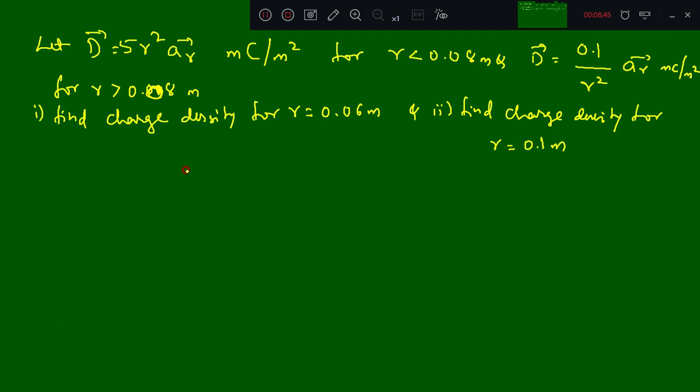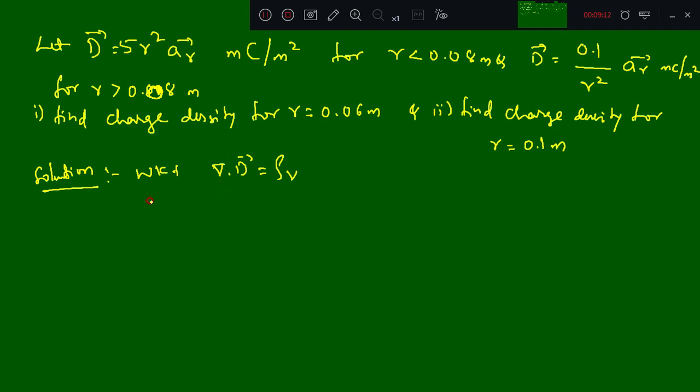The solution we can take is, we know that del dot D is equal to rho V. We assume a spherical coordinate system.